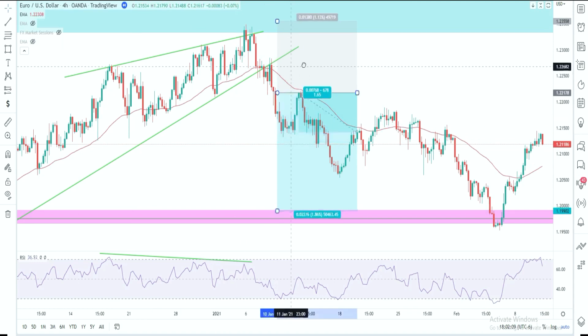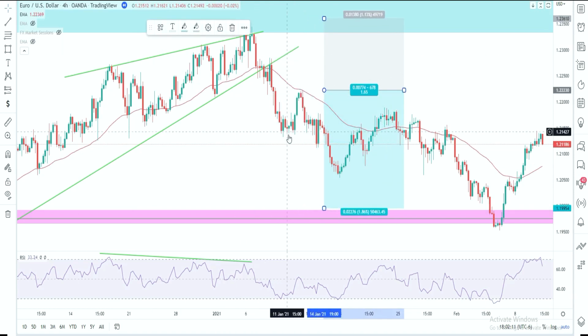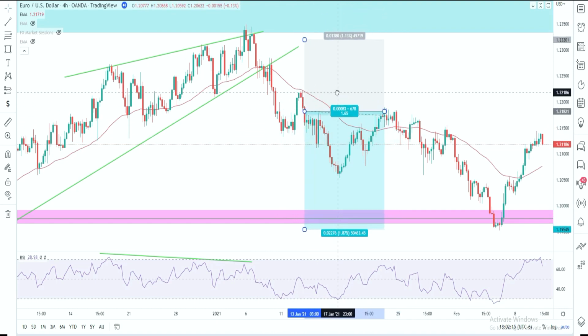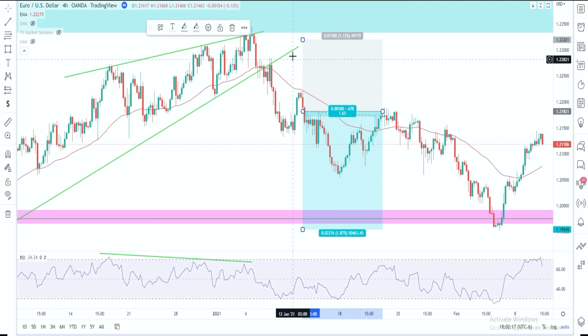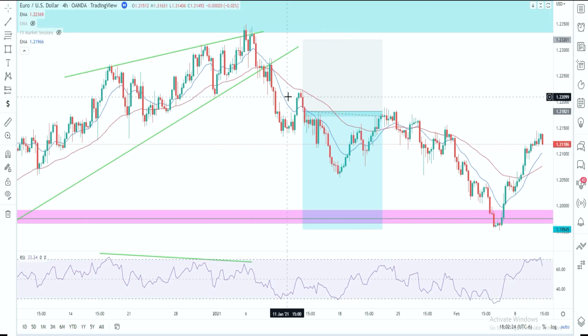And then for the 50, we've got the break below the 50, then we've got a retest up here. So that would be the entry for that. And it looks like those are all of the entries right here.